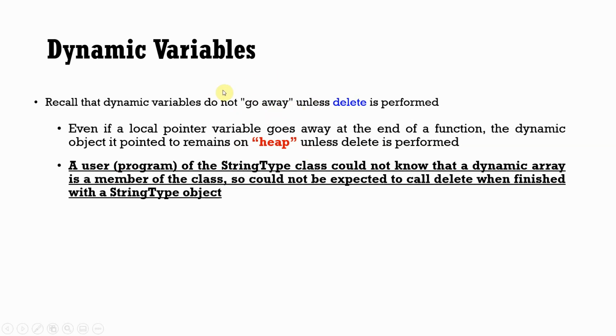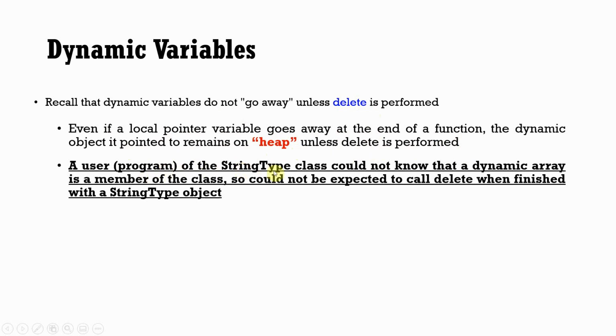The compiler is not going to destroy them automatically. We need to delete them, we need to deallocate them. Otherwise, we would have something called memory leakage. Even if a local pointer variable goes away at the end of a function, the dynamic object it points to remains on the heap unless delete is performed.